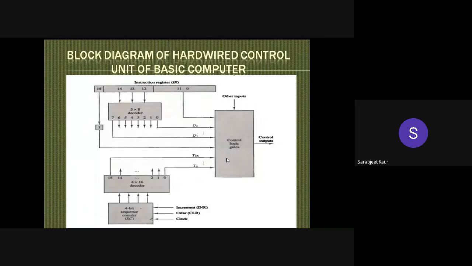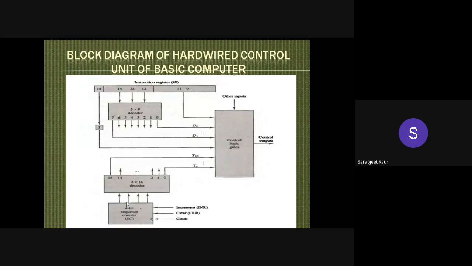In other words, when the sequence counter produces 0000, then this 4 cross 16 decoder has just received the input 0000, and it will activate its first output, which I am calling T0, the clock pulse T0, or the timing signal T0.